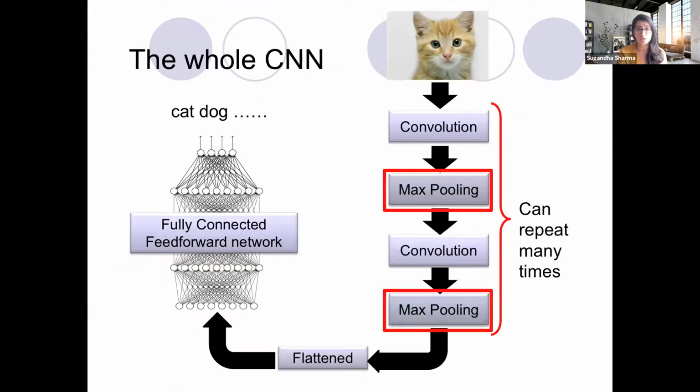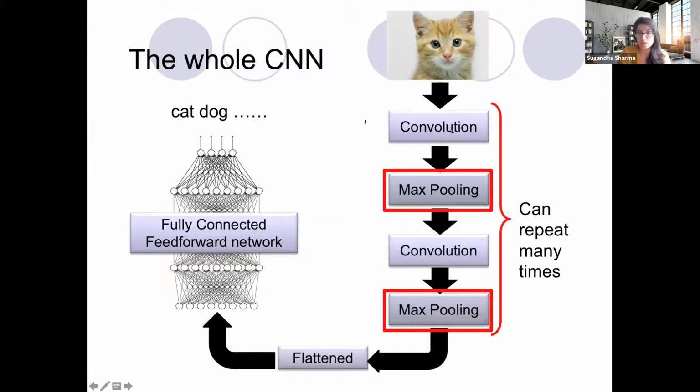So this is what the whole CNN pipeline looks like. Basically you have, let's say, an input image of a cat, and let's say your job is to classify whether this image belongs to, for instance, a cat category or a dog category, and so on. Usually a convolutional neural net would look like this.